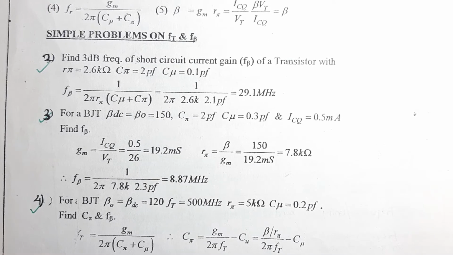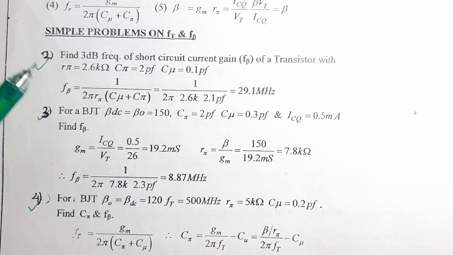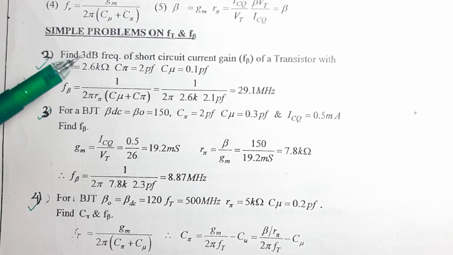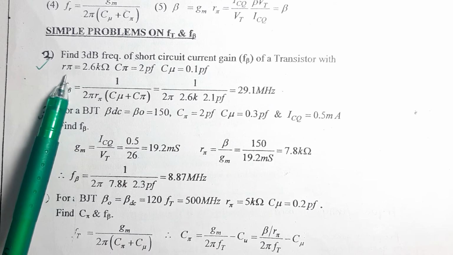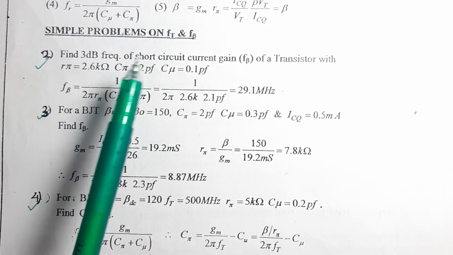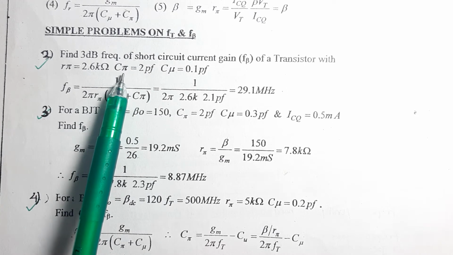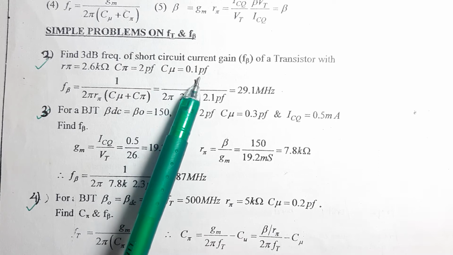So let's see what the numericals comprise of. First of all, you need to find the 3 dB frequency of the short circuit current gain, f beta, of a transistor with certain parameters. You have been given r pi as 2.6k, C pi as 2 picofarad and C mu as 0.1 picofarad.